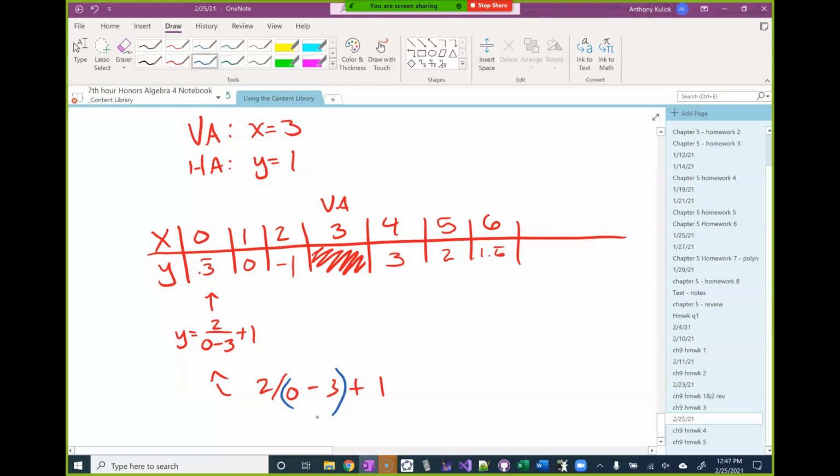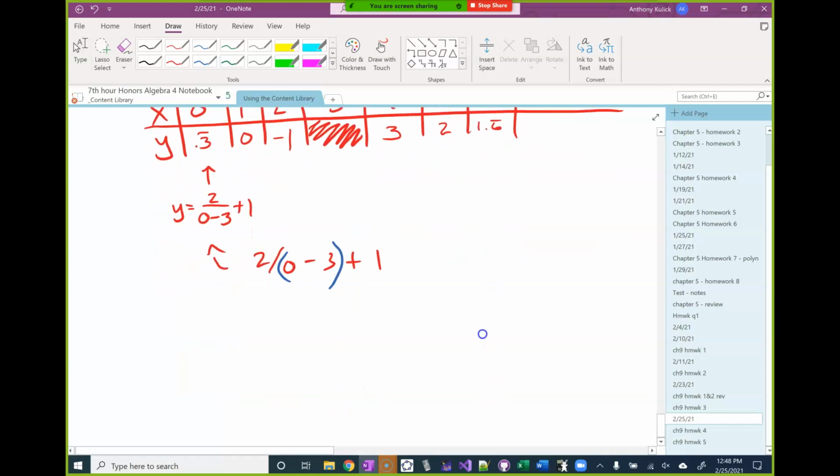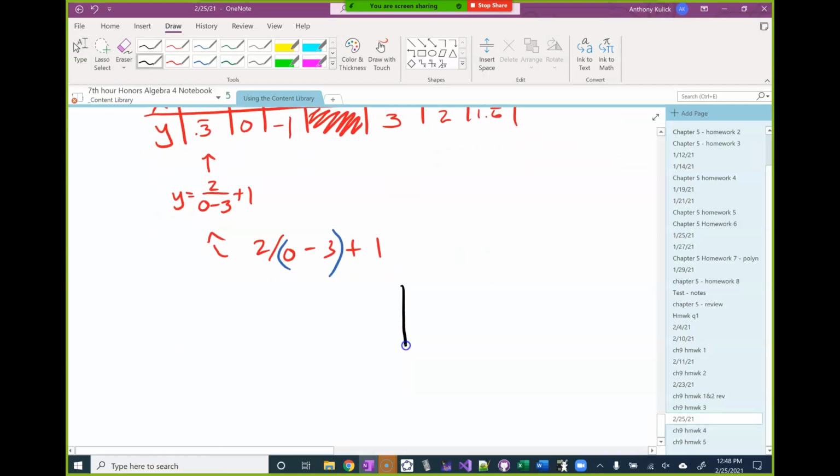Okay, so we have everything we need. We can start drawing our graph, so I'm going to go ahead and do that. So let's see, I gotta go 1, 2, 3 up, 1 down, 1, 2, 3, 4, 5, 6 over. Now I need to put in my asymptote. So my vertical asymptote is at 3.